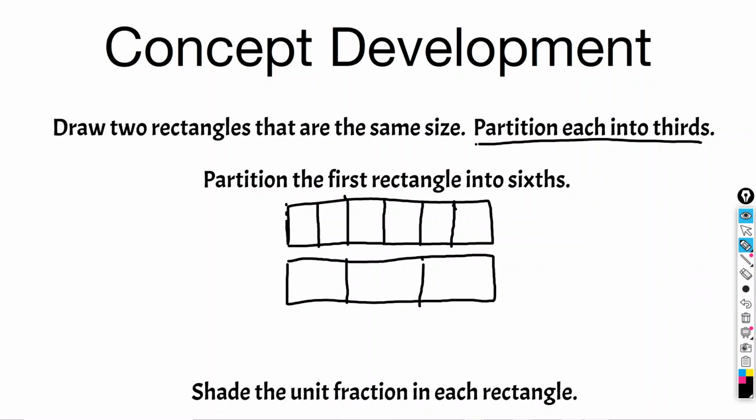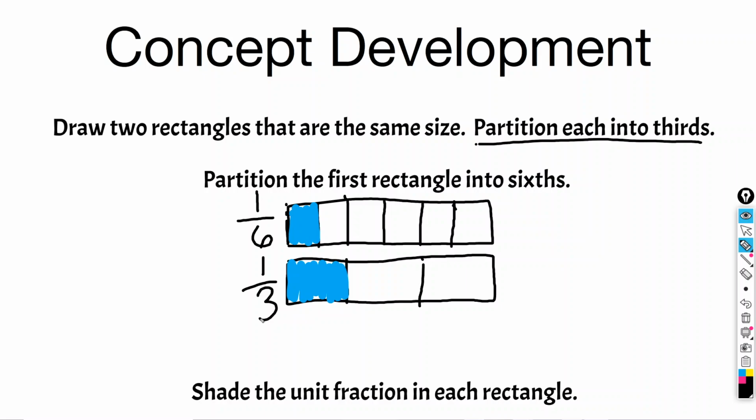So by shading the unit fraction, that means I want to shade one fractional unit. So I'm going to shade one fractional unit of my sixths, one fractional unit of my thirds, and then I'm going to go ahead and label those as well. So over here, I have shaded one piece out of 6 pieces altogether. Down here, I've shaded one piece out of 3 pieces altogether.